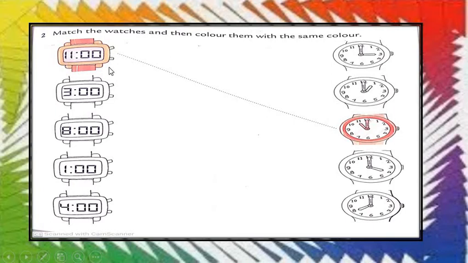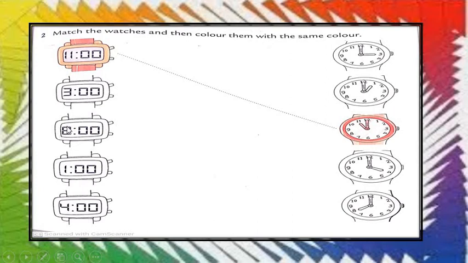First of all, draw the digital watch. Write the number 11:00. Then 3:00, which means it is 3 o'clock.